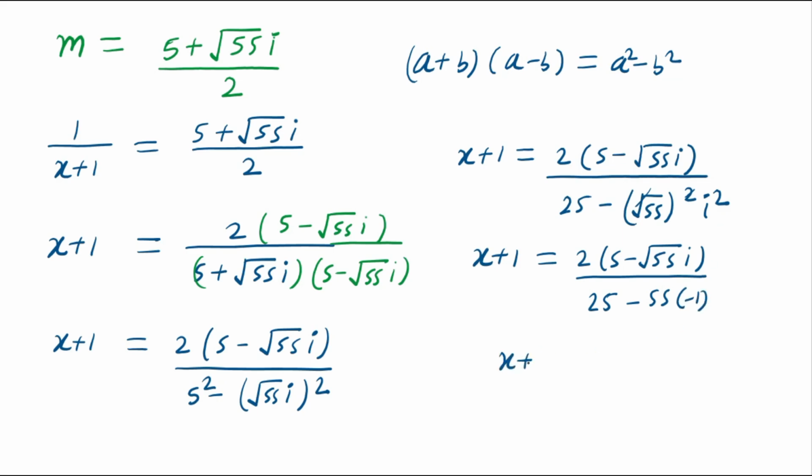Then x plus 1 equals 2 times 5 minus square root of 55 times iota divided by 25 minus 55 times minus 1, which is plus 55.